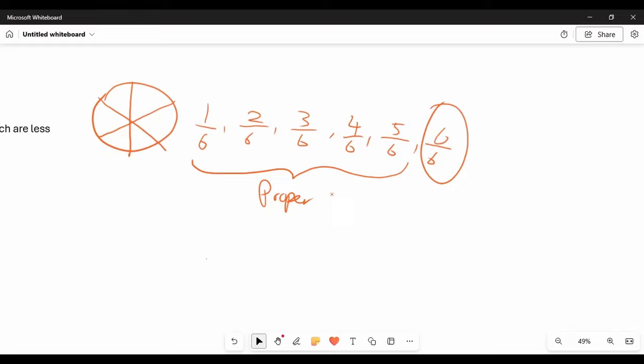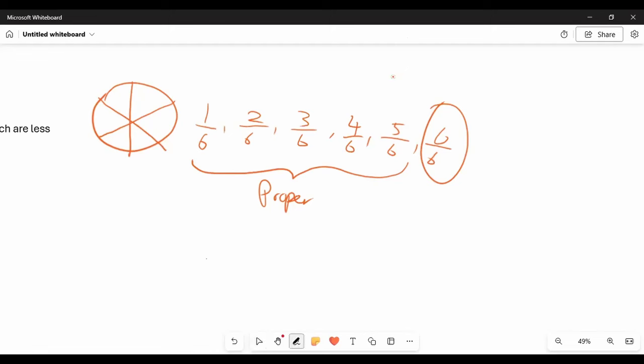Now, for example, let's take someone as an example here. Let's take Altaf. Altaf ordered a pizza, and there are 6 pieces.